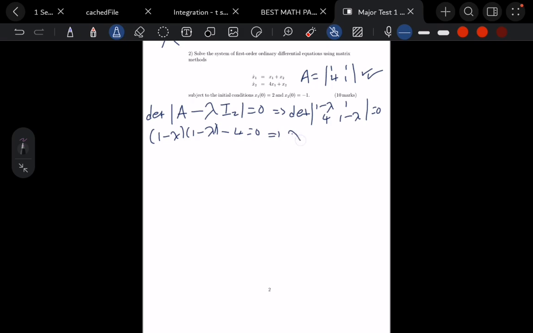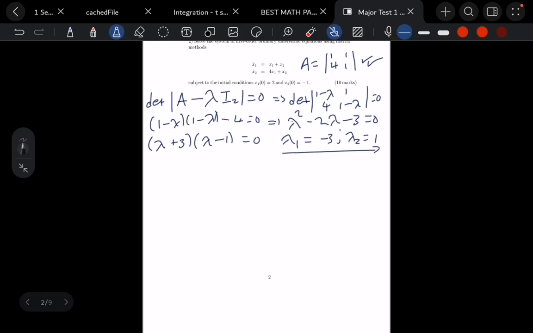You will have lambda squared minus 2 lambda, and then 1 minus 4, that is minus 3, equals 0. So if you factorize this, lambda plus 3 times lambda minus 1 equals 0. So your lambda 1 is actually going to be minus 3, and your lambda 2 is 1.